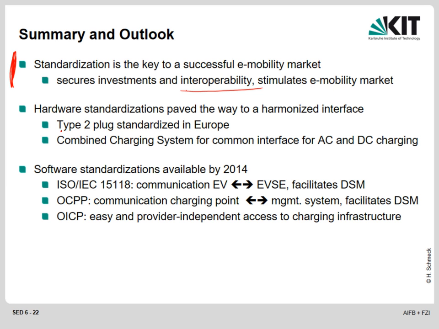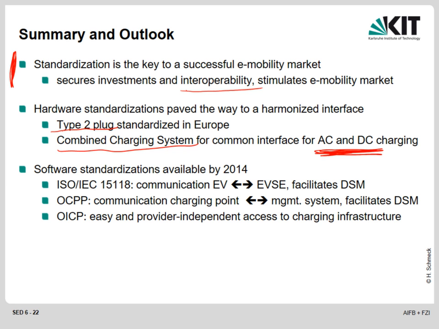So we need standardized plugs. And then we also need to be able to use alternating current and direct current charging. These are different plug standards, so there's a combined charging system having both plug standards in one plug.